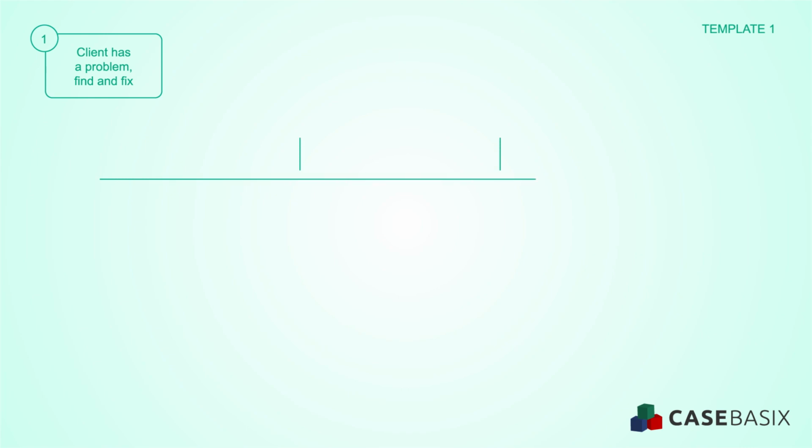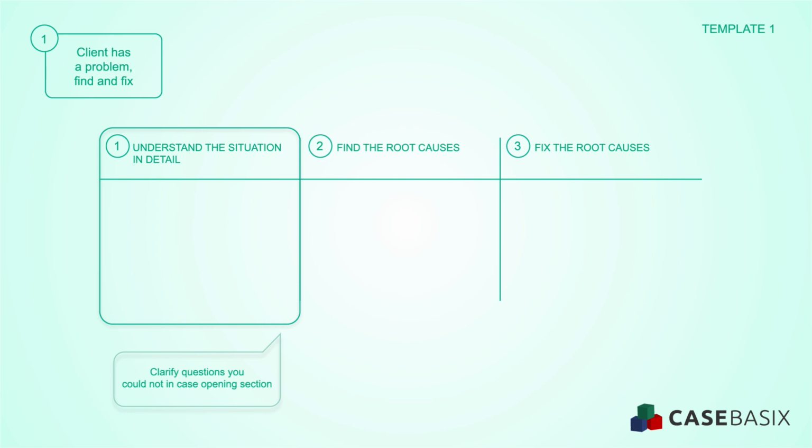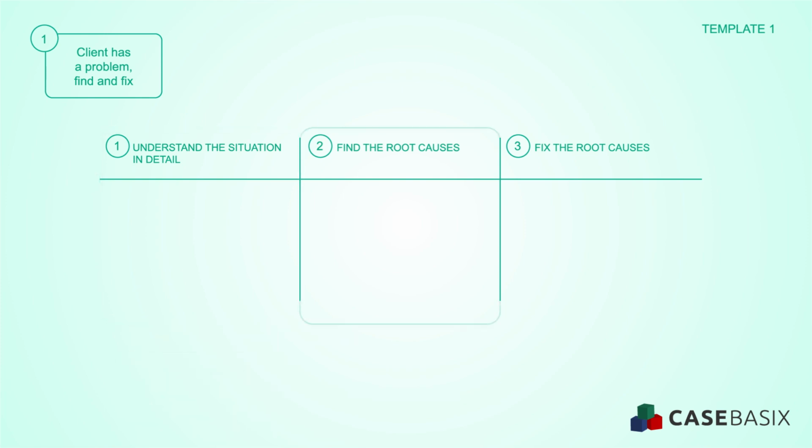The template or shell structure for this category of question is as follows. We recommend keeping the first bucket because generally there are details that need clarifications beyond the initial questions that are asked as part of the case opening. The second bucket views symptoms and ranks root causes. Symptoms can generally be found in financials or other documents.